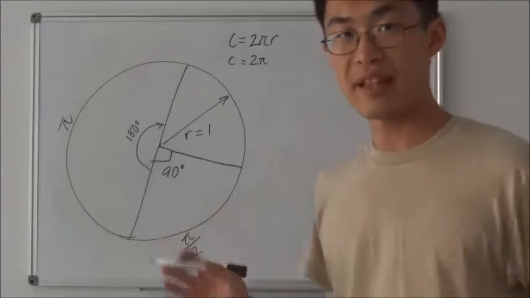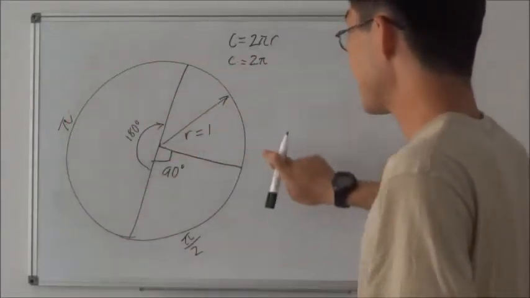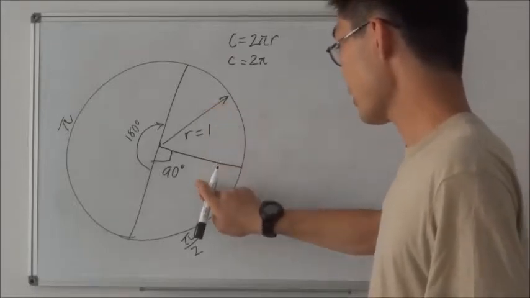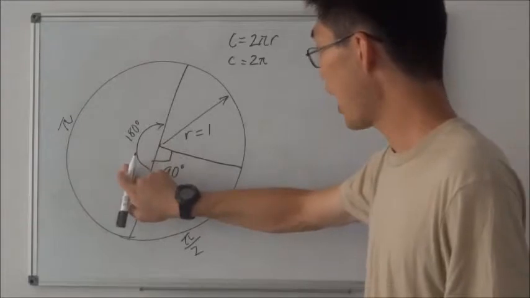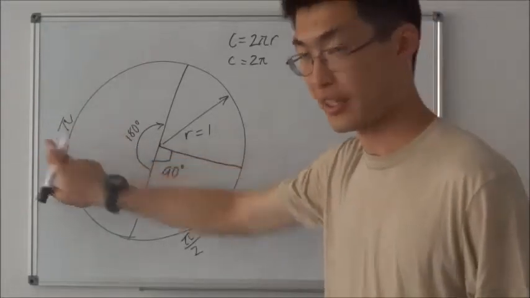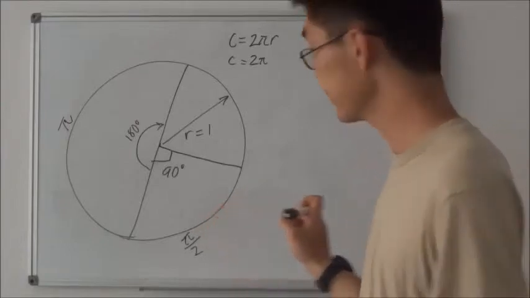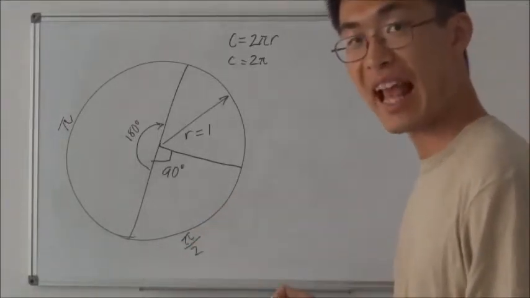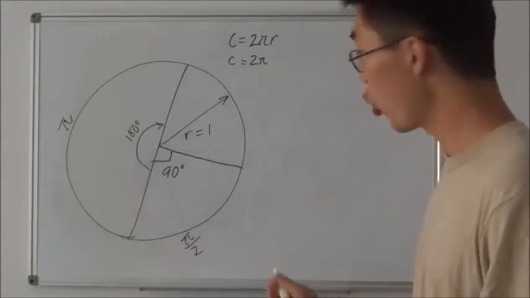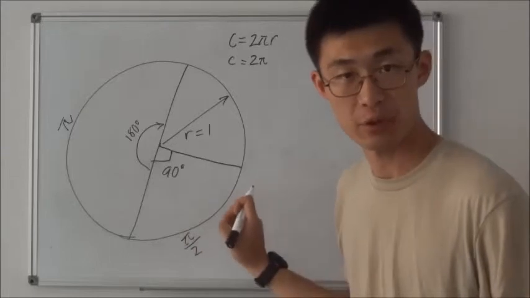Now, if we expand it, notice that 90 degrees is pi over 2. 180 degrees corresponds to pi. Then 360 degrees corresponds to 2 pi. And we have a system. Now, we can measure the angle according to the length of the arc it subtends on a unit circle.